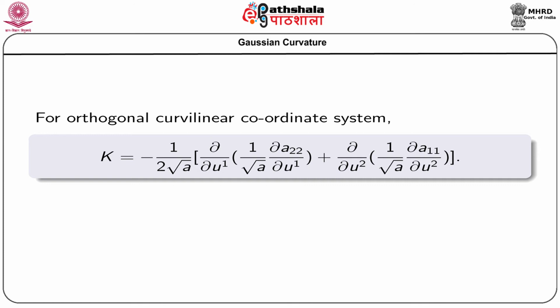Now, how is this coming? Because for an orthogonal curvilinear coordinate system, we have a12 equals 0.